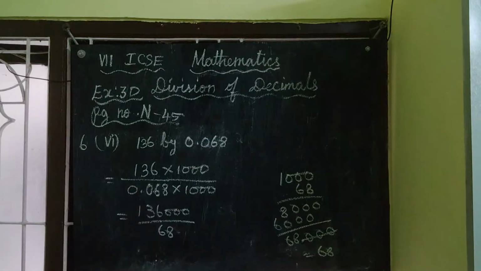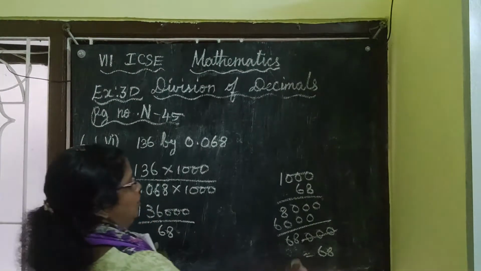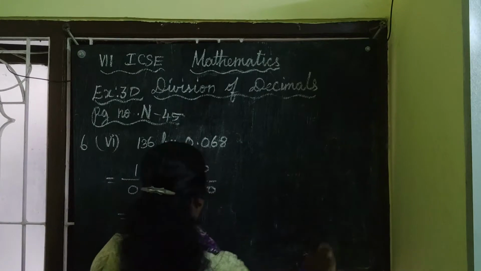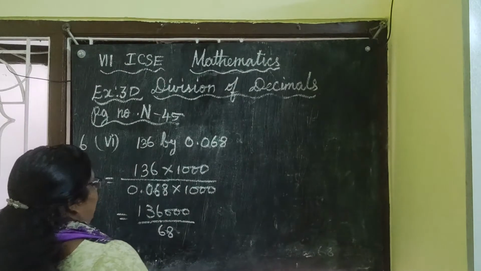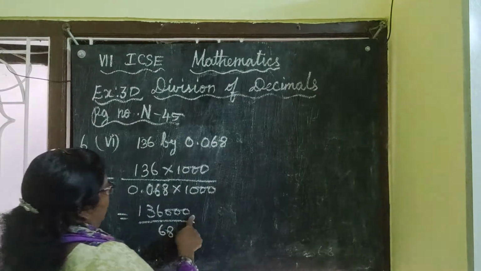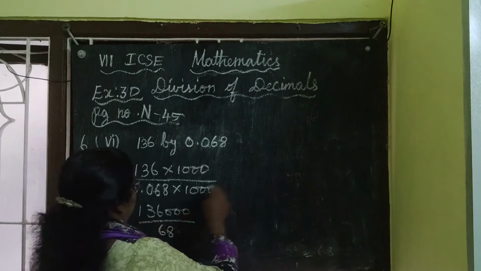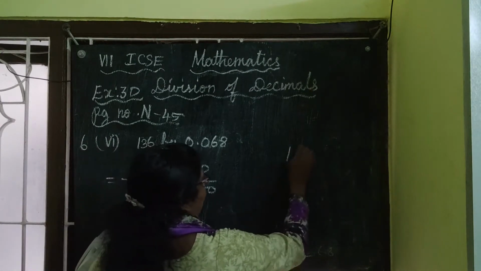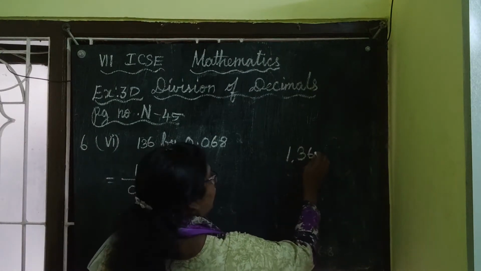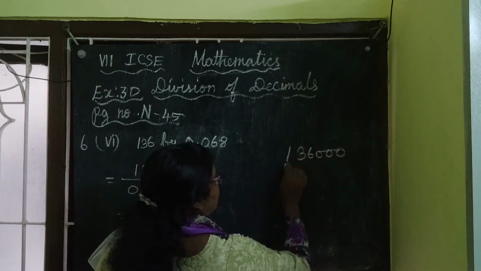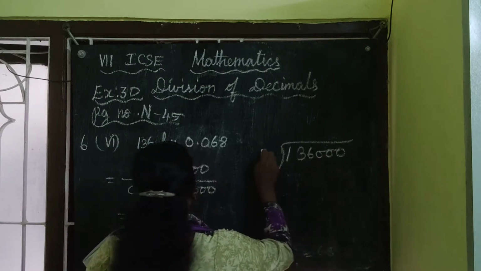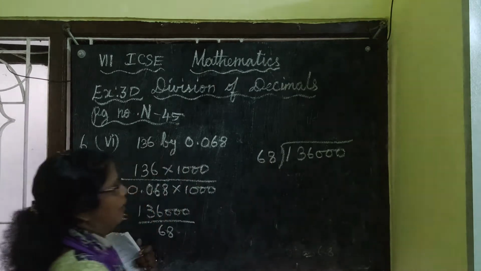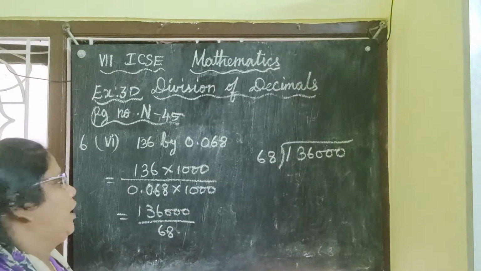Okay. Now 136,000 by 68. 1,36,000 is given. This is divided by 68. Now take one by one.